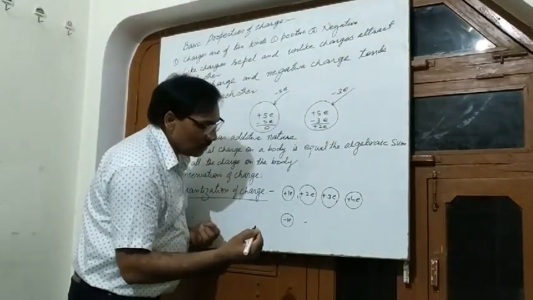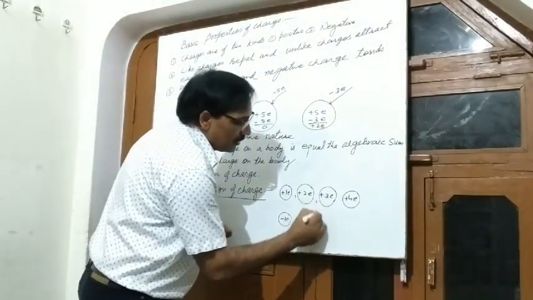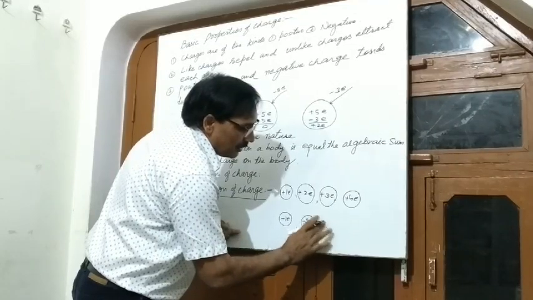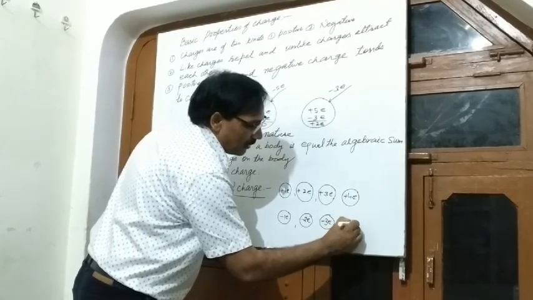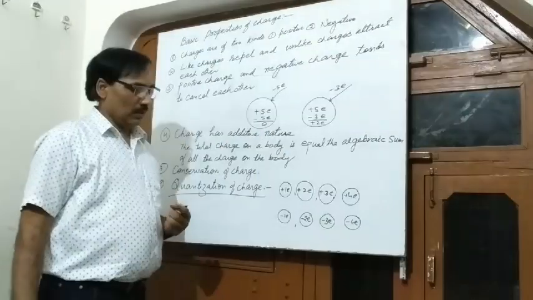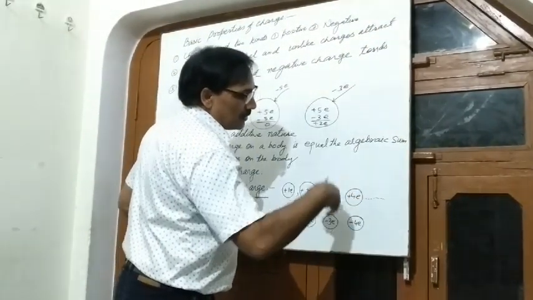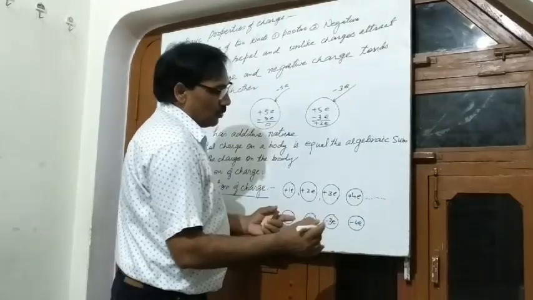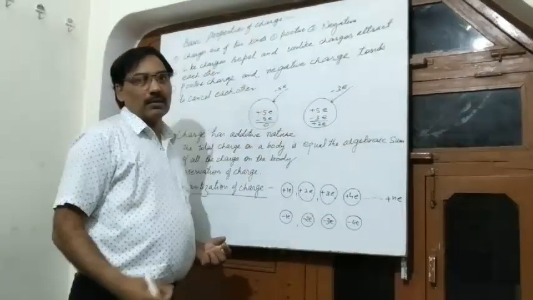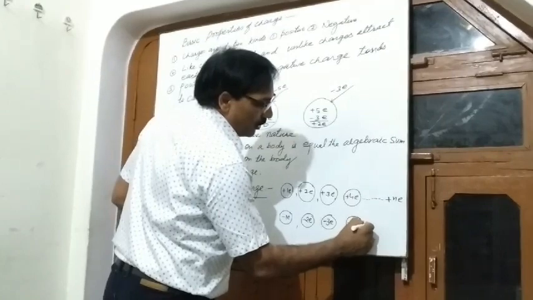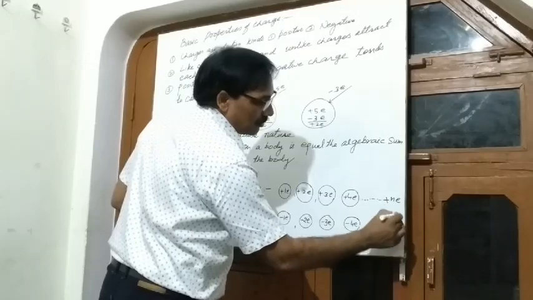If body gains 2 electron, then it will have minus 2e. If the body gains 3 electron, then it will have minus 3e. And if the body gains 4 electron, then it will have minus 4e. Similarly, if suppose the body loses n electrons, so the charge on the body will be plus ne, where n is integer. And if the body gains n electron, then it will have minus ne charge.